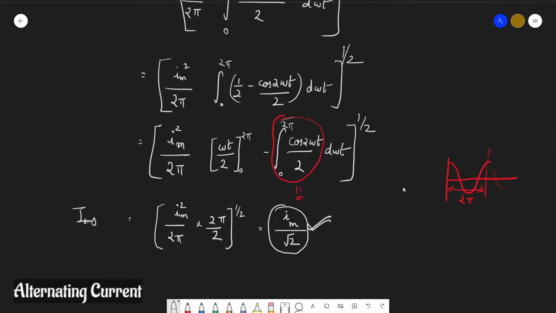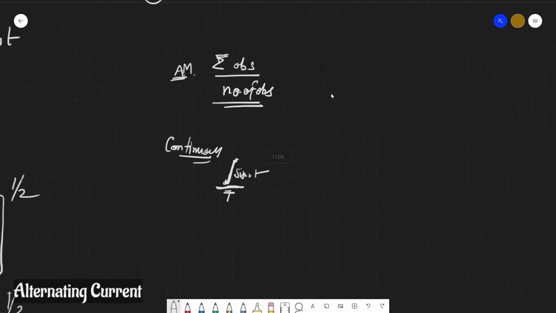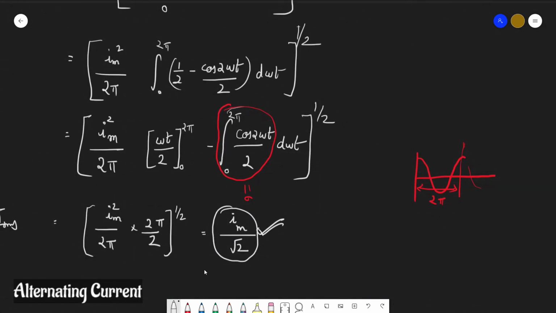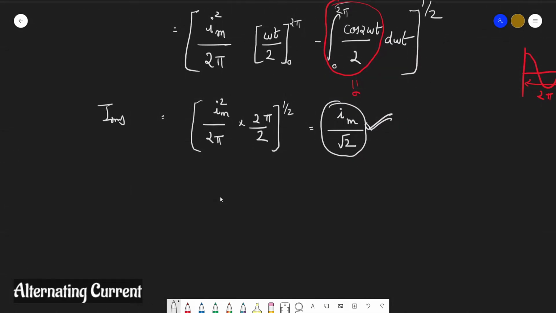Okay, so this is what you need to understand. Obviously, one more relation is important here. I told you in yesterday's class, observe this relation, IRMS equal to Im by root 2.